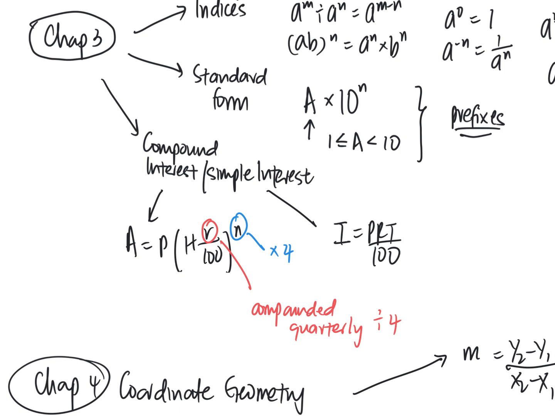Undefined gradient is always an equation x equals to something. This one is y equals to something.